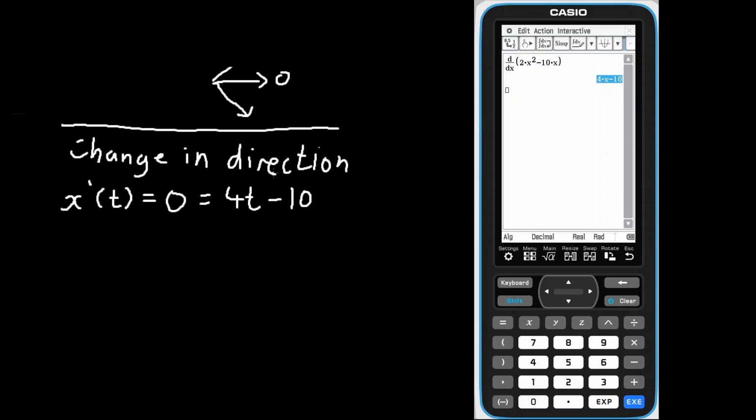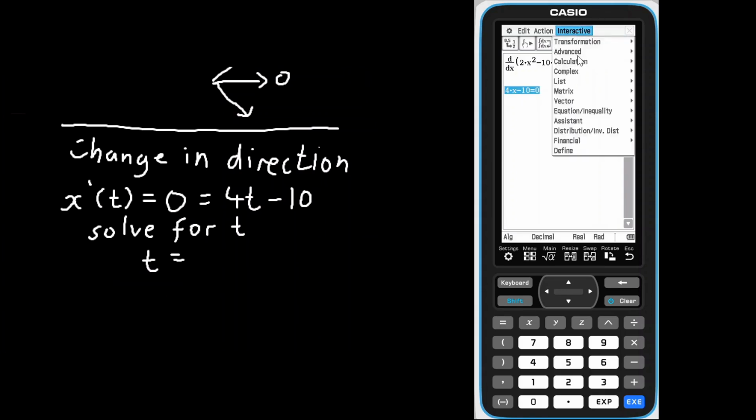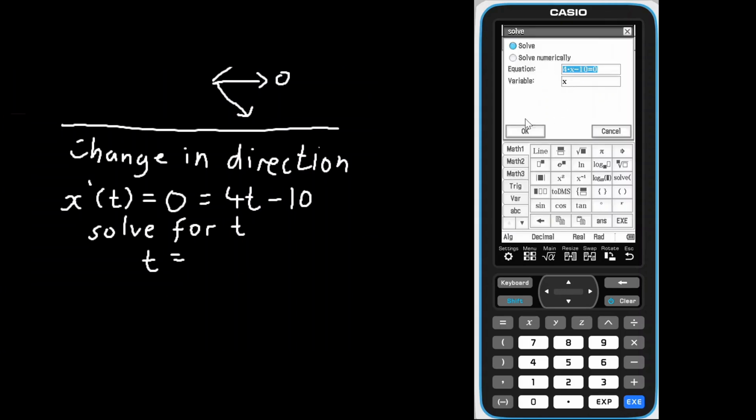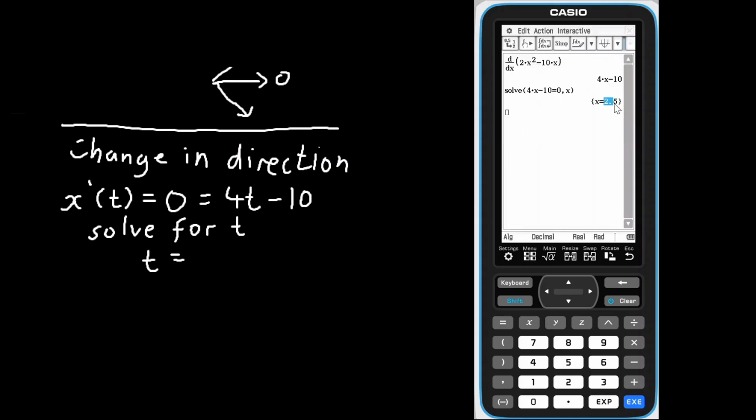Then we can solve for t. Don't worry about doing it in your head; just grab it here, say that's equal to 0, go interactive, advanced, solve, and solve it. It's equal to 2.5. Remember, I've changed that value to x, confusingly enough, but that's equal to 2.5 there.